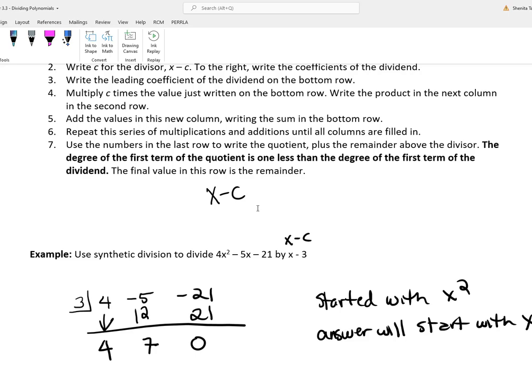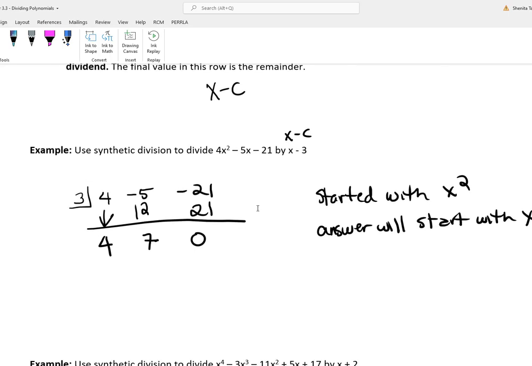The first term of the dividend was x squared. So if we go 1 degree less than that, it will be x. Remember, the degree is the exponent. Alright, so we have 4 and 7 and 0. So my answer will be 4x, that's what we're going to start with, plus 7. We have a remainder of 0, so we don't have to worry about that. So this is my answer, 4x plus 7.